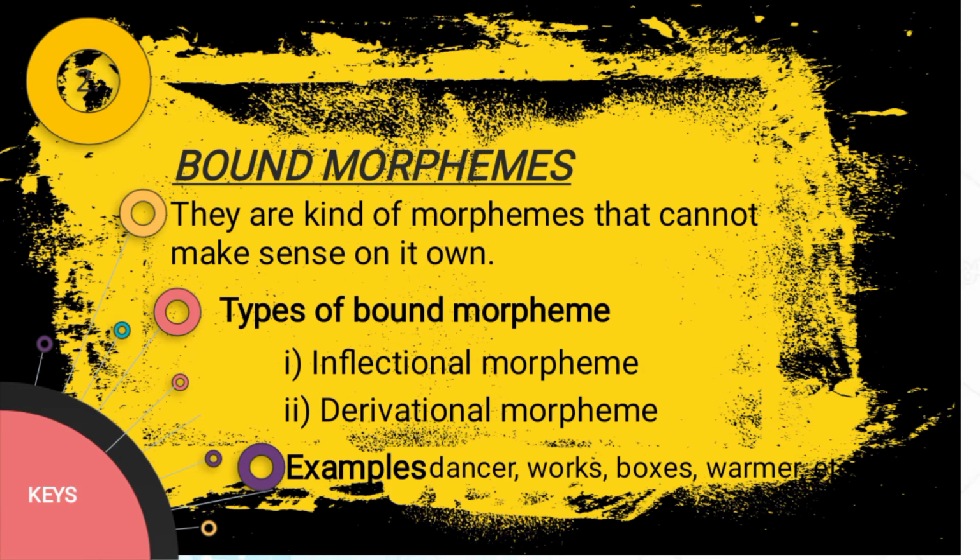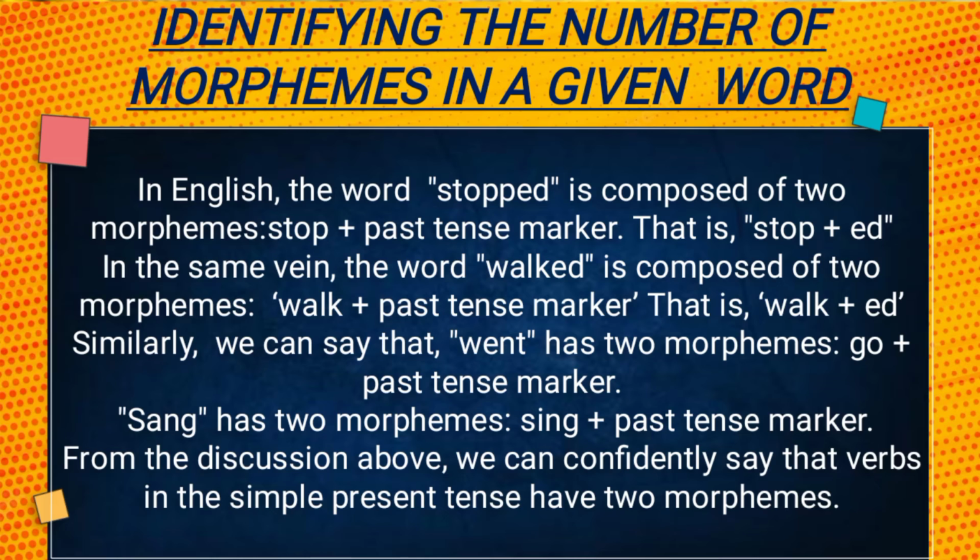A derivational morpheme changes the meaning of a word or the word class or both. Therefore, some examples of bound morphemes are dancer, works, boxes, warmer, and many more.